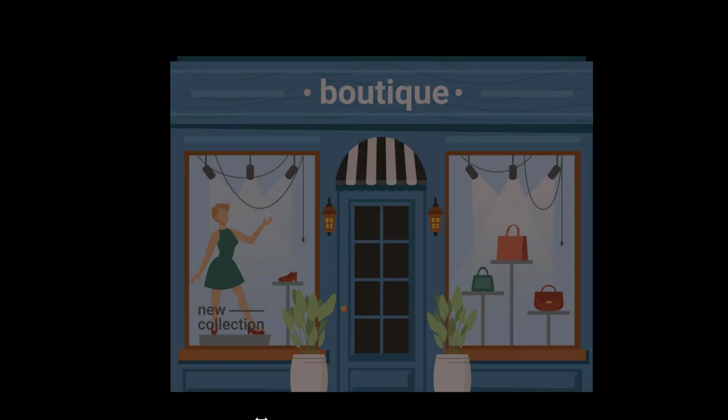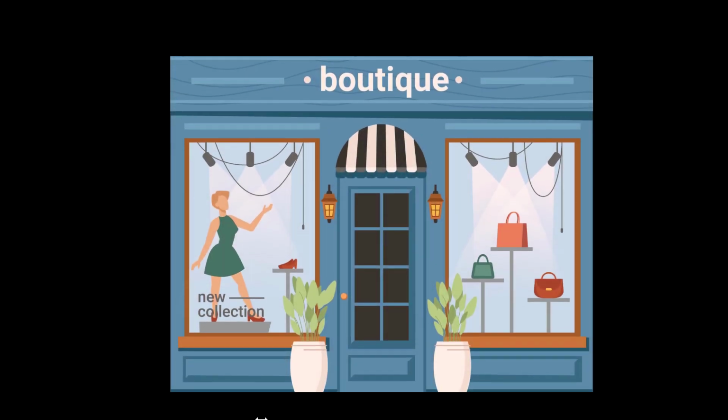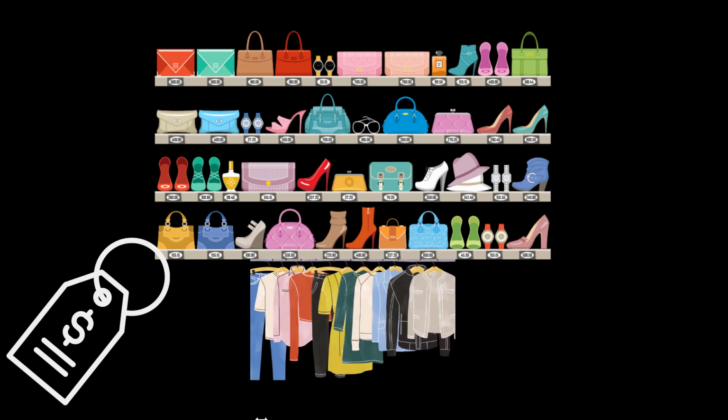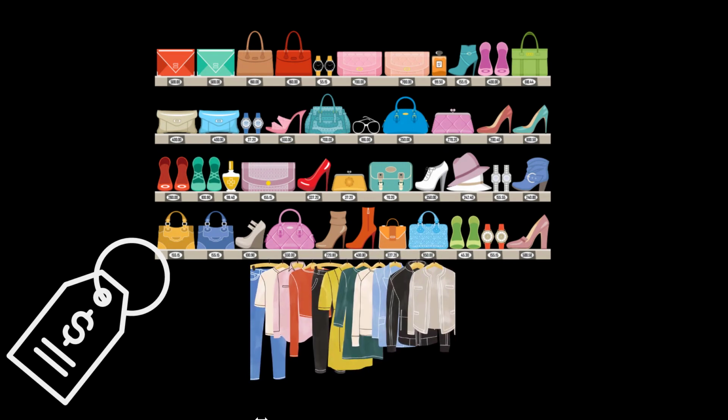Imagine a new shop has recently opened in your neighborhood, offering a variety of products ranging from clothing to accessories and footwear. Excited about the opening, you decide to visit the shop and explore what they have to offer. As you enter the store, you see colorful displays arranged neatly, and the curiosity that sparks in your mind is, what is the pricing strategy of this shop? Are they offering some very high-end products?